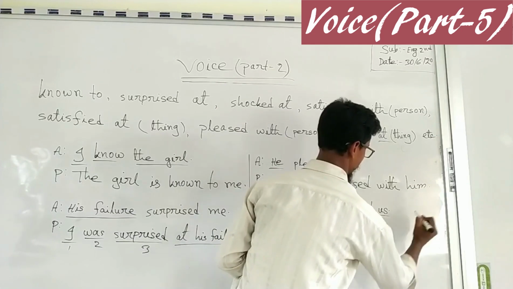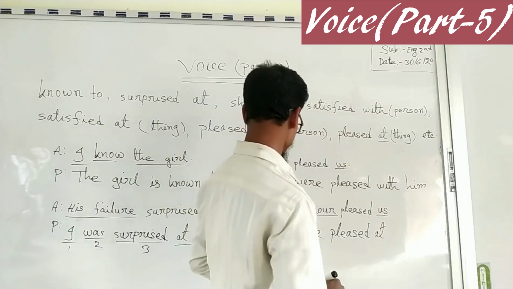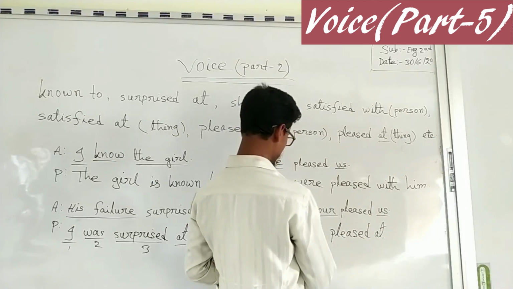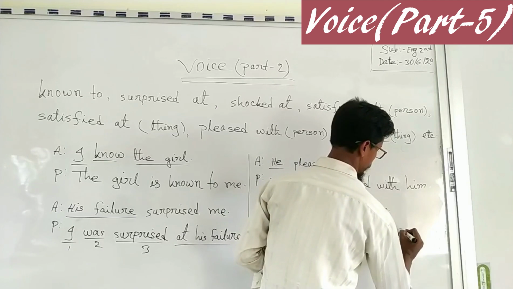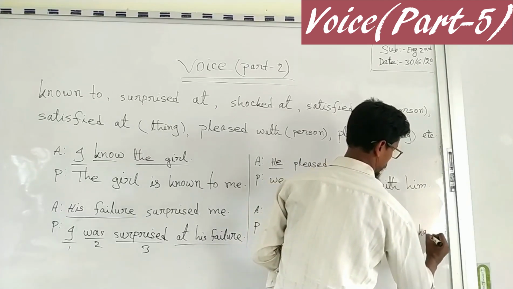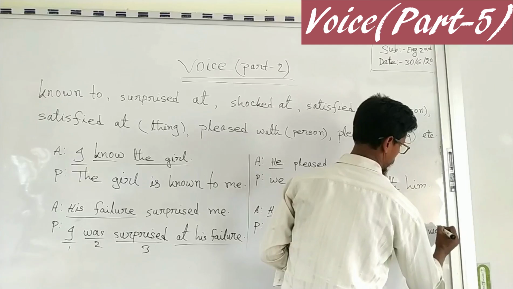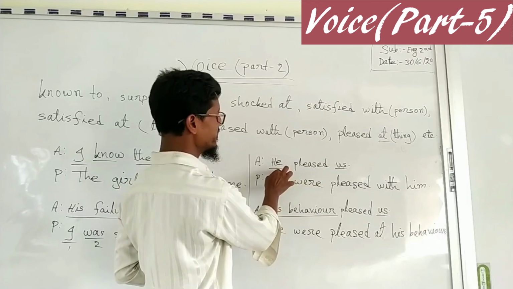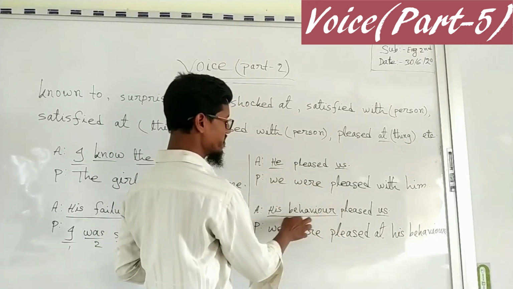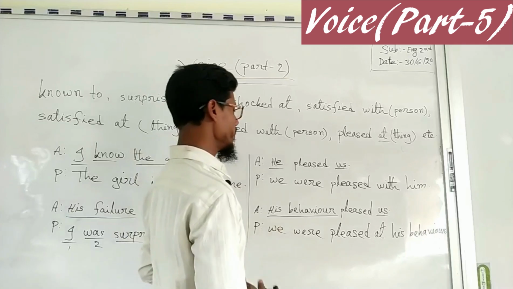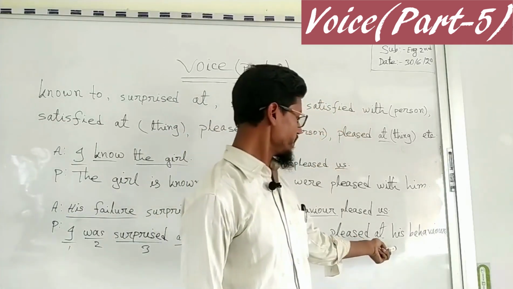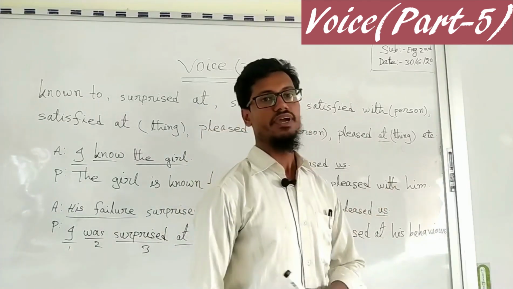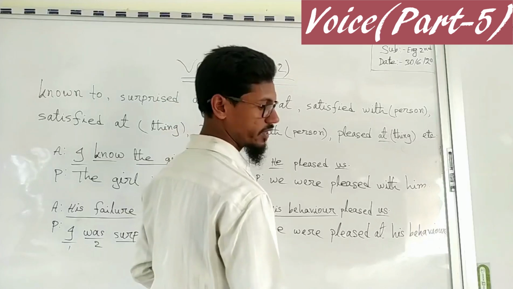That's why at has to be used in this case. His behavior will be the object. Now look at the difference between these two sentences. In this sentence he was a person, but in this sentence his behavior is not a person. That's why I have to take at in this sentence, and in the other sentence I have taken with. Understand? I hope that's clear now. Now go to the next step.